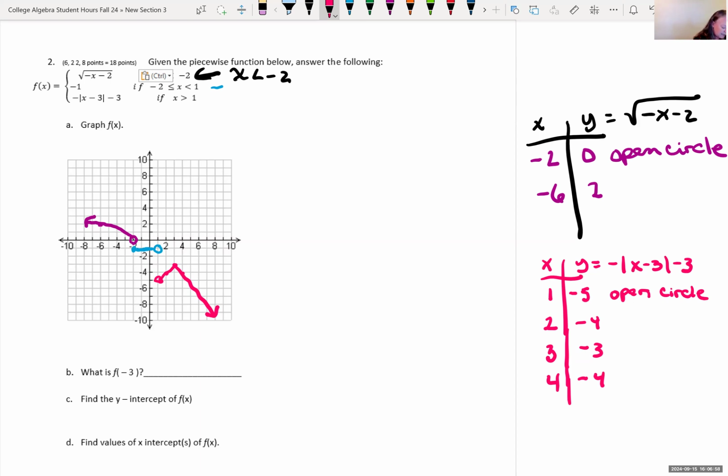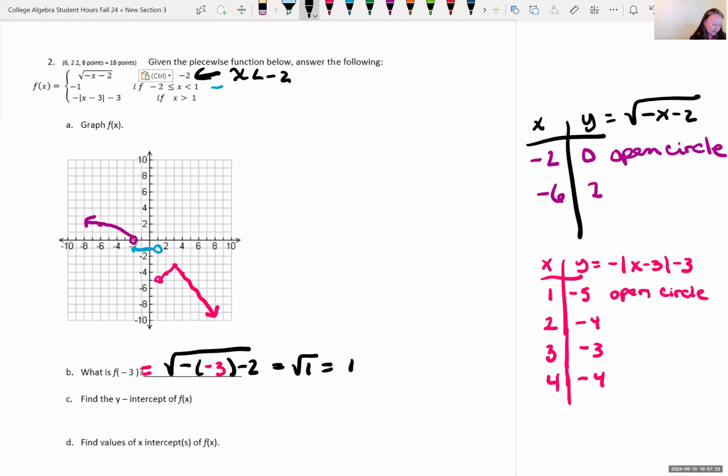And so this would equal the square root of negative, plugging in negative 3 where I see an x, negative 3 minus 2. So this is equal to the square root of 3 minus 2, which is the square root of 1, which is equal to 1.